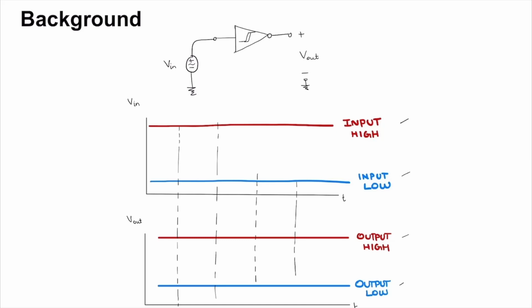The way it behaves is once Vin crosses input high, Vout can be said to be at output low from then on. Even this is a crossing event, but since Vout is already at output low, it will just continue to remain so.